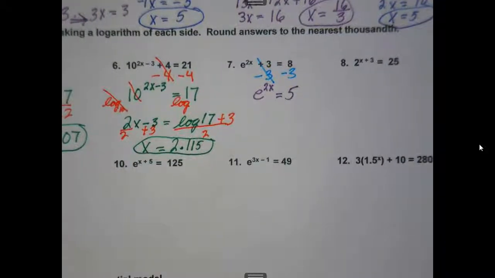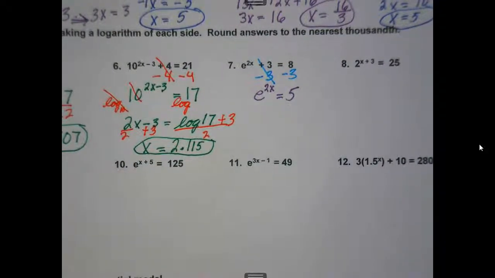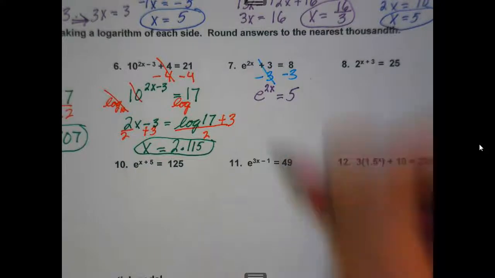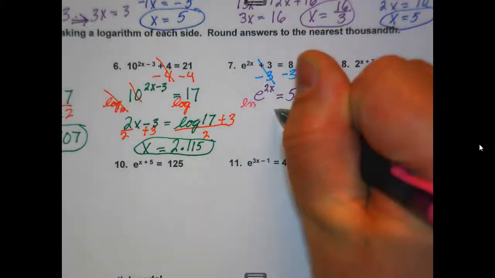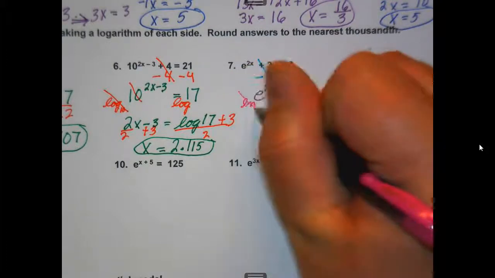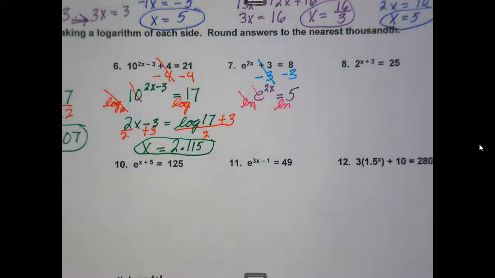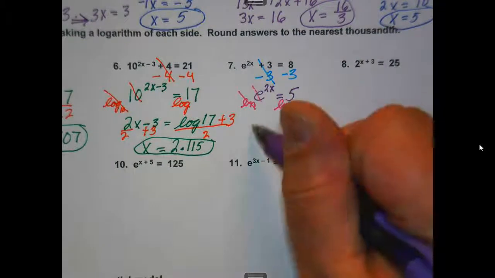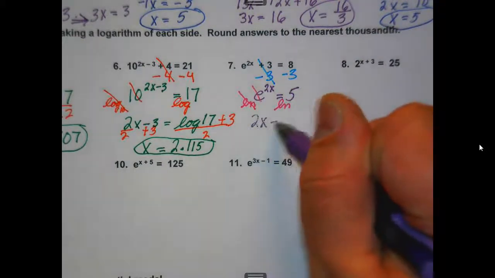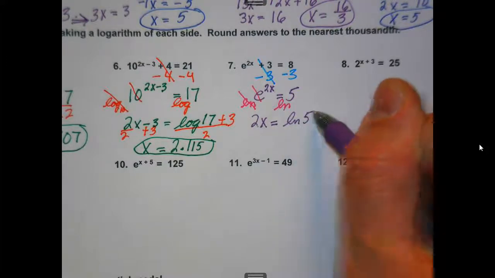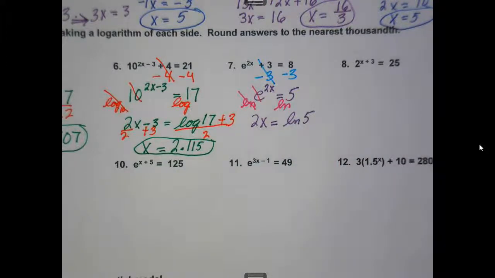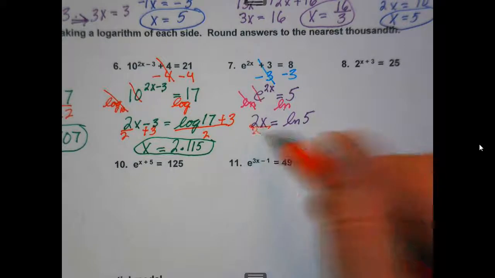Take the natural log of both sides, because the natural log gets rid of the base e. So I'm left with 2x equals ln of 5. And what am I going to do? Divide by 2, divide by 2.